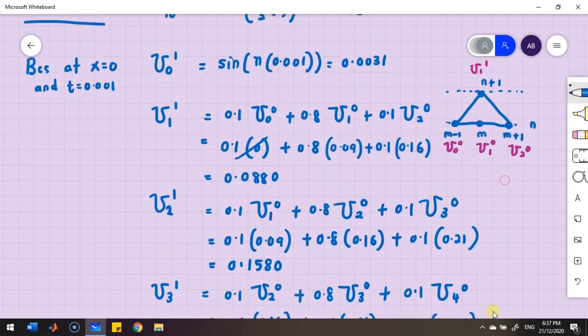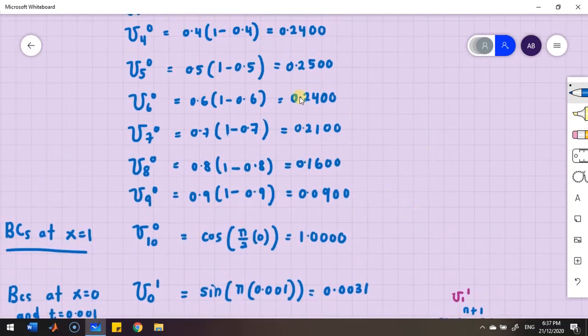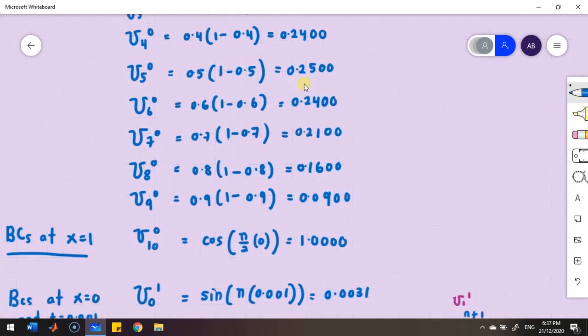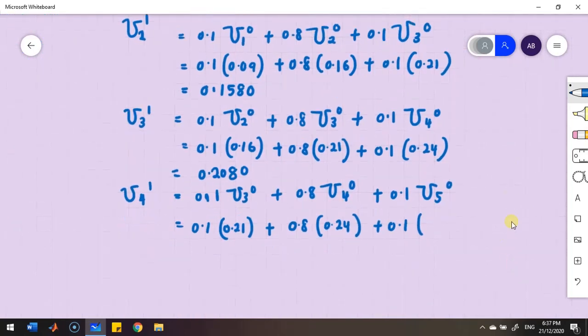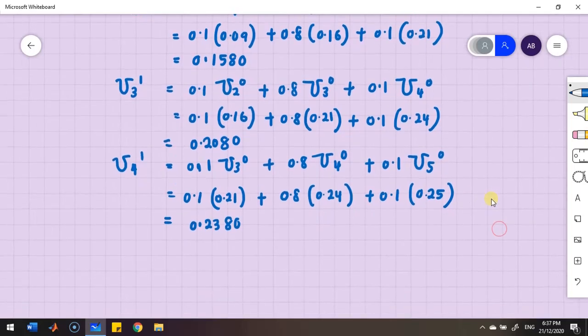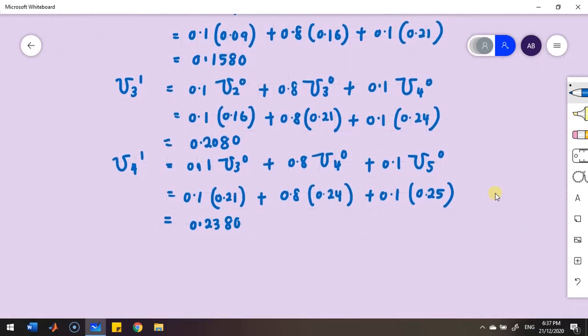I think it should be 0.25, but let me just check. Yes, u50 is 0.25. So what do you get? You get 0.2380. If you think there are some mistakes in my calculator computation, please send me a message. But other than that, this is how you solve it.